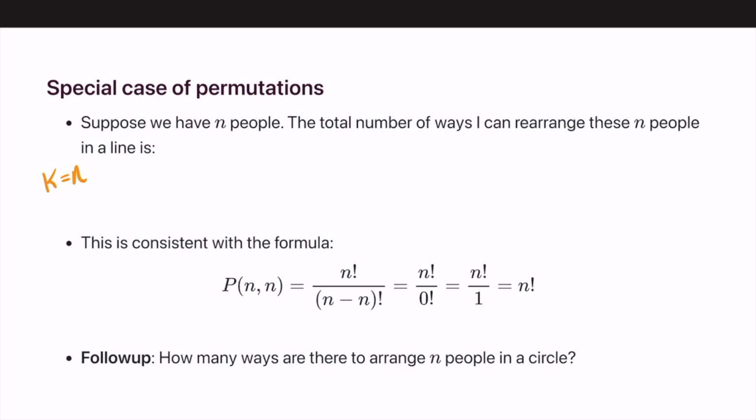Well, we still have our picture that we can draw, where we have a first person, and then a second person, and a third person, and so on and so forth, until we get to the n minus 1th person, and finally our nth person.